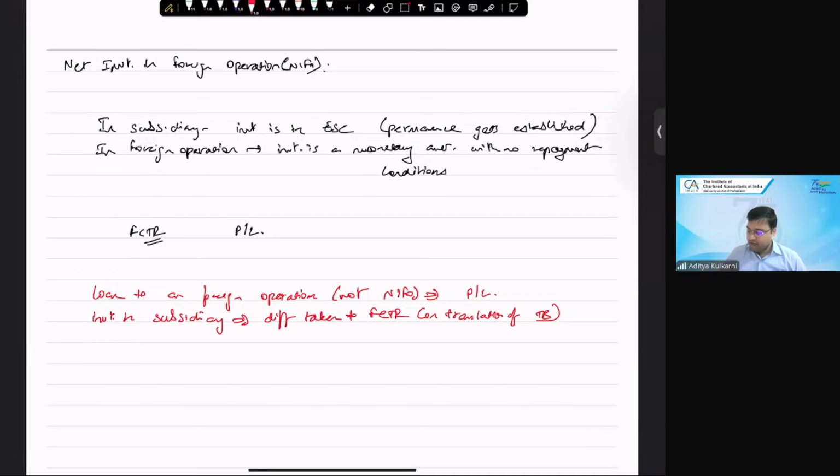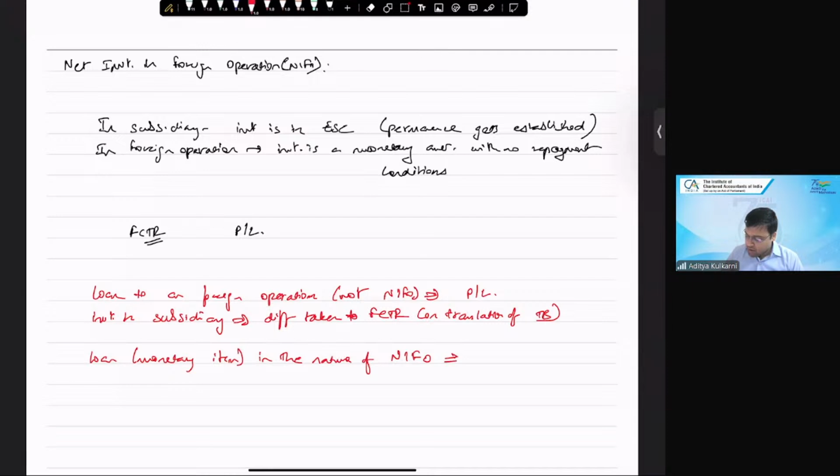Okay. And finally, we have a third category now. There is a loan that is a monetary item, but in the nature of net investment in foreign operation. In the nature of net investment in foreign operation.